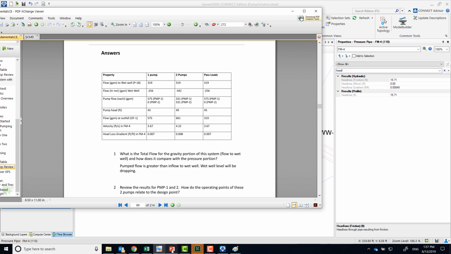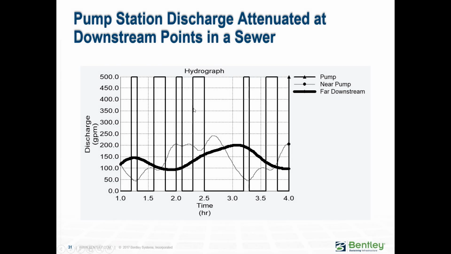And the answer to that lies in this graph that we showed during the presentation, which is what happens far downstream because of the attenuation. Right? So if you look near the pump, yes, you're going to be seeing the 575, but if you really look far downstream, that flow gets attenuated over time, and you're never really going to see 500, you're going to see a lot less.